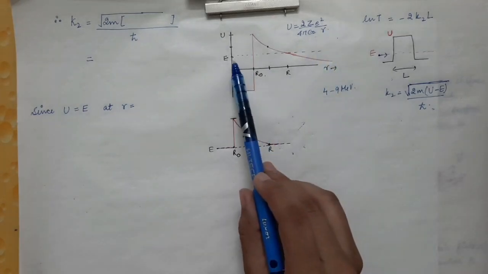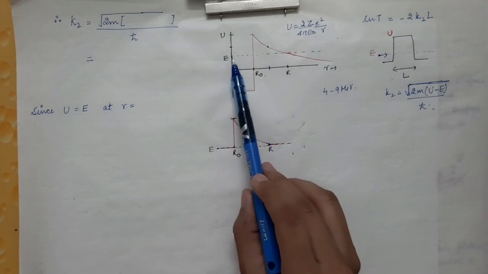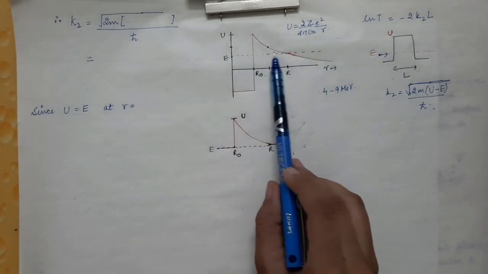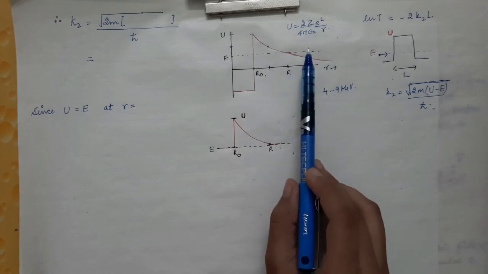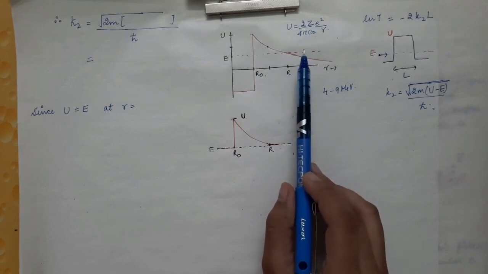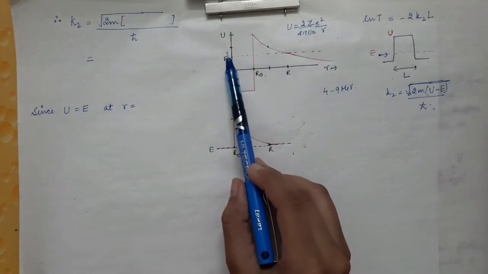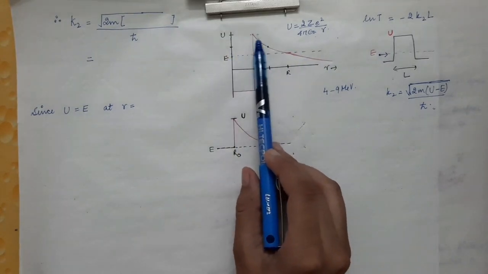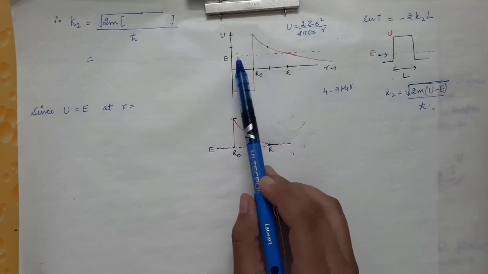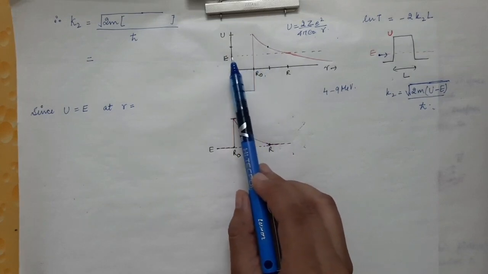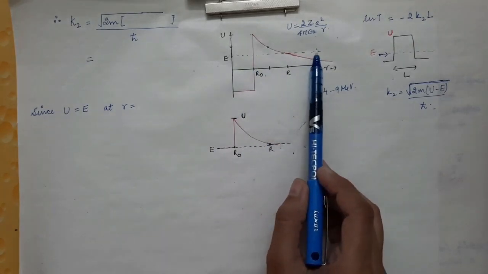So there is a small probability for this particle to get transmitted through the barrier, and that process is called tunneling. You have already done this concept in quantum mechanics: when the energy of the particle is less than the barrier height, the particle is still able to get transmitted through the barrier.